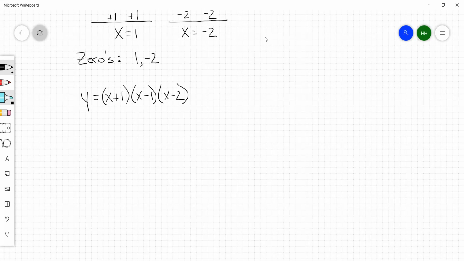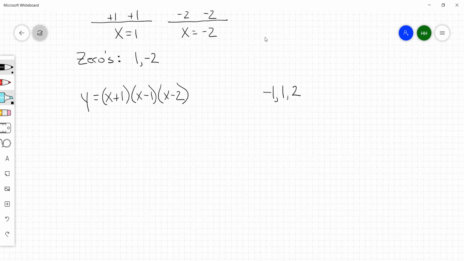All right, so here's your zeros. Most of you, you're going to be good enough at this that you don't have to write out each individual equation. If you look at this, your zeros are going to be negative 1, 1, and positive 2.